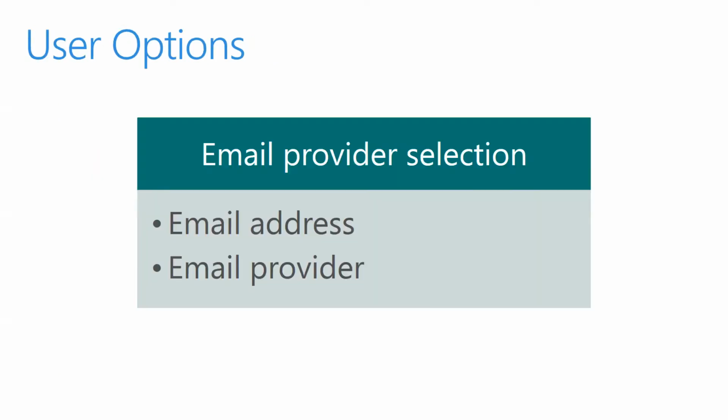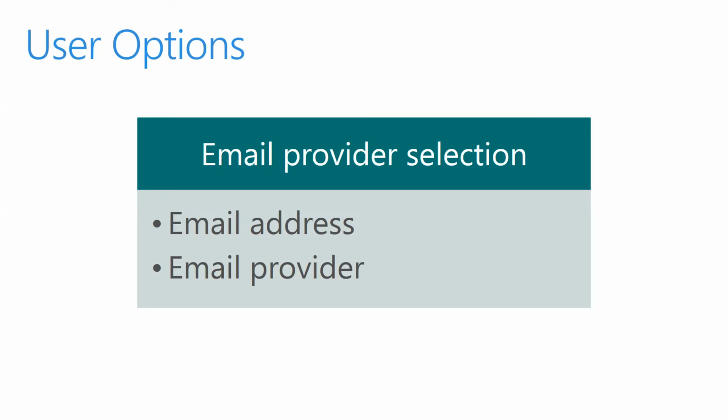In order for a user to send an email automatically from Talent, you'll need to configure some user options. Each user can configure their own user options by clicking on the settings icon in the upper right-hand corner and then selecting User Options. A system administrator can also configure the user options for all of the users.